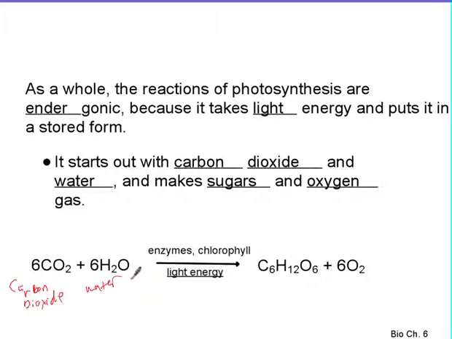Then what's this here? Sugar. Usually it's glucose, sometimes it can be fructose too. And then we have oxygen. And in order for this to happen, we need a bunch of enzymes and chlorophyll and light energy to make that transfer possible.